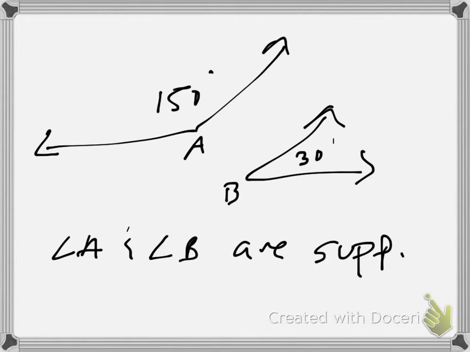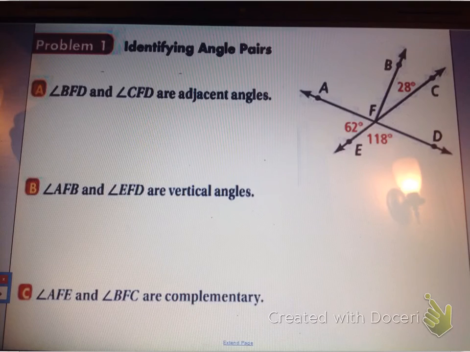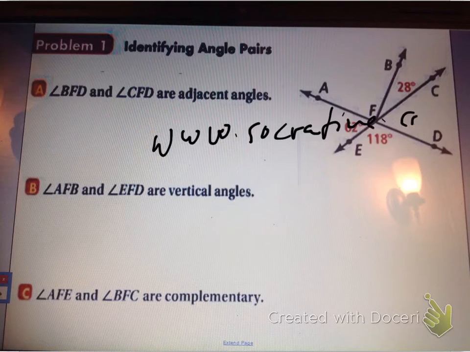Alright, I'm going to pause the video right now and load up a couple of slides. So at this point, you should be at problem 1. What I want you to do here is press pause when I'm finished here and answer A, B, and C, and then sign into Socrative.com.